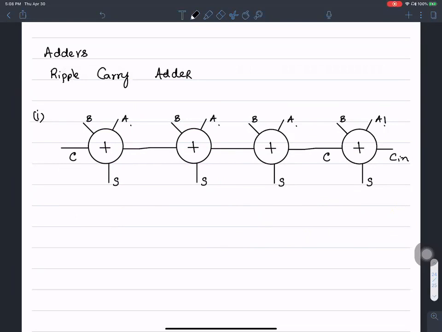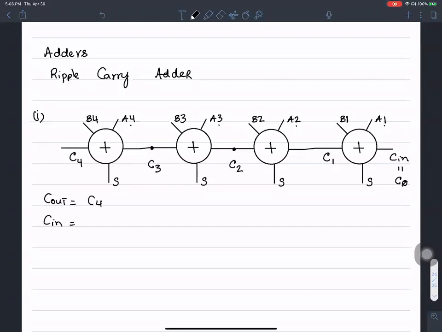This is A1, B1, A2, B2, A3, B3, and A4, B4. I'm going to call Cin equal to C0. This is C1, which propagates to C2, and then on to C3, and then the output carry Cout is the same as C4.